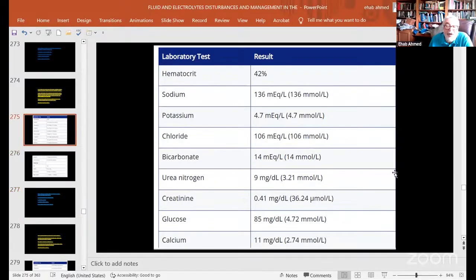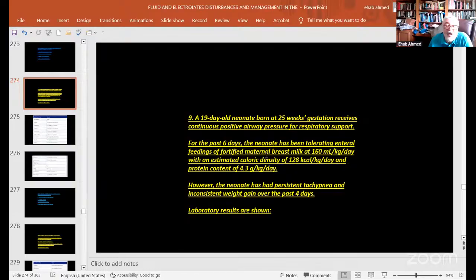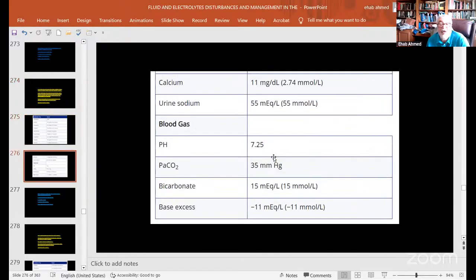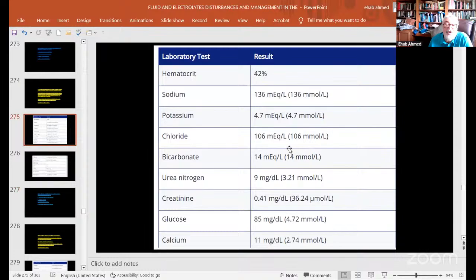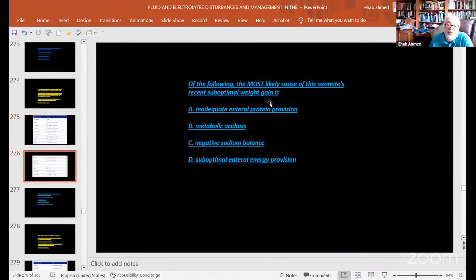It was given 4.3 gram per kg per day. Metabolic acidosis, negative sodium balance. Sodium is borderline normal or low normal. Negative sodium, suboptimal enteral energy provision. The calories are low.